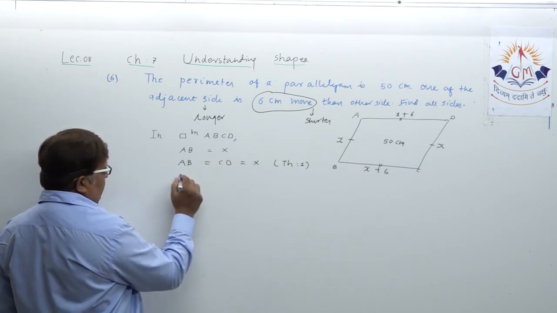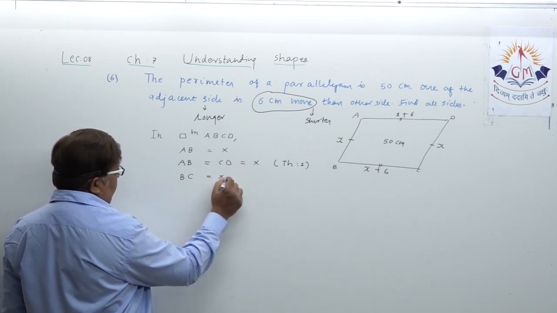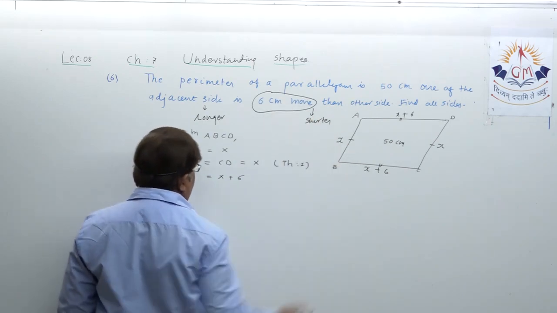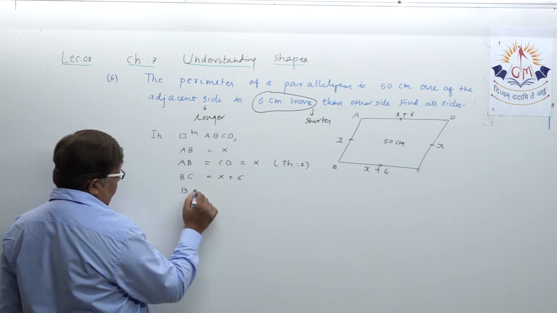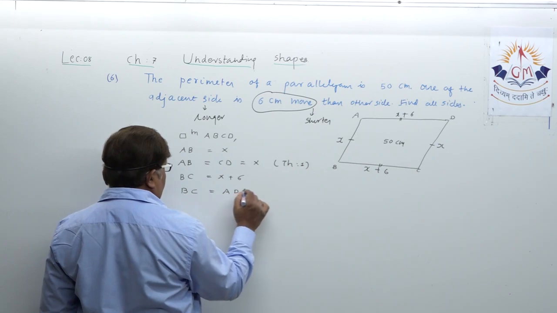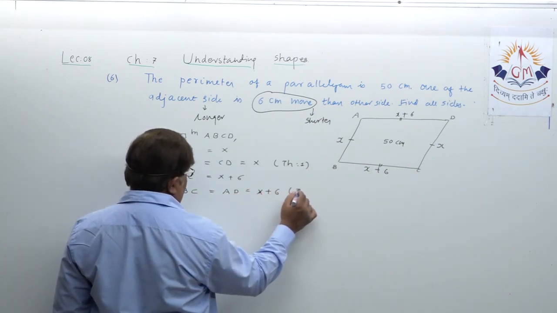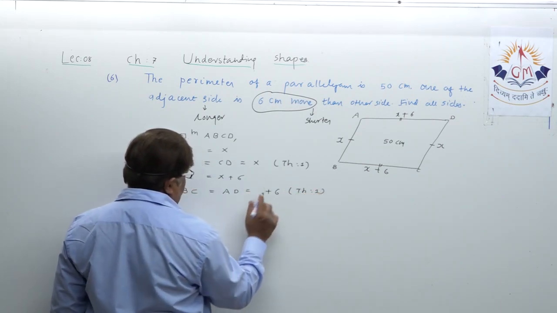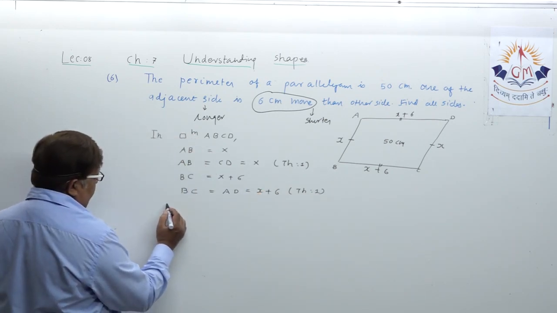Now dear student, you will write BC equal to x plus 6. Why have we taken this? 6 centimeter more. Then you will write BC equals AD equals x plus 6. The reference is theorem 1, which says that opposite sides are equal.